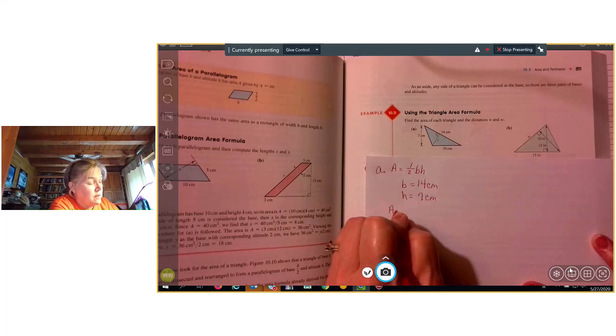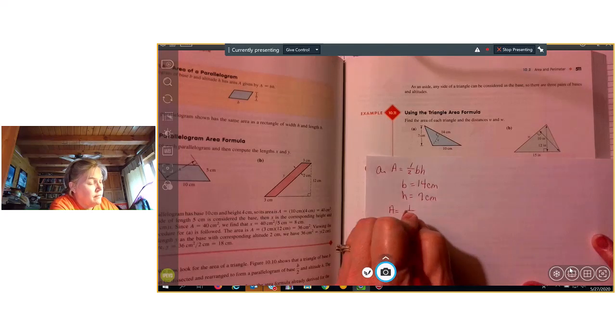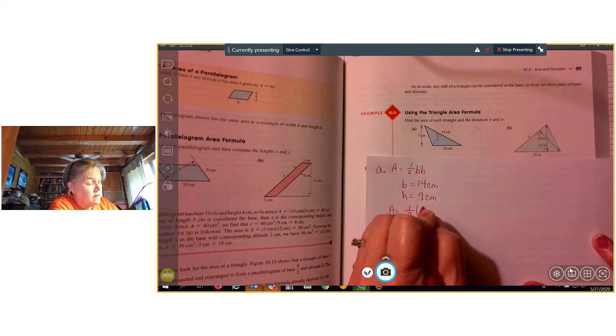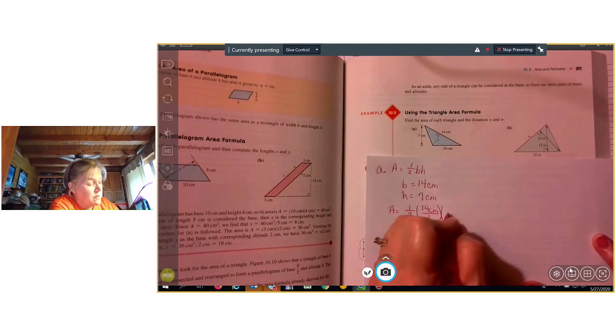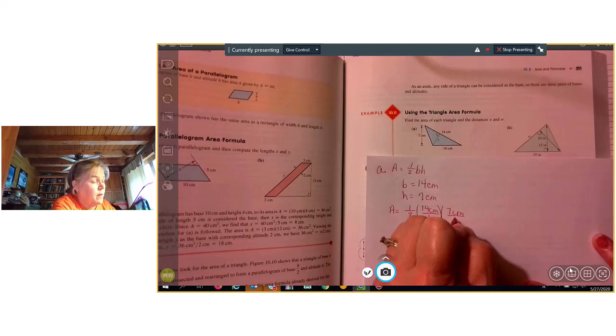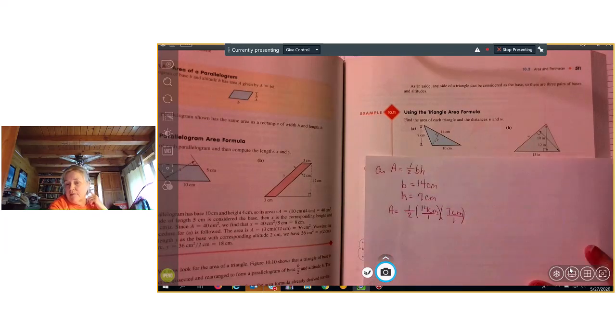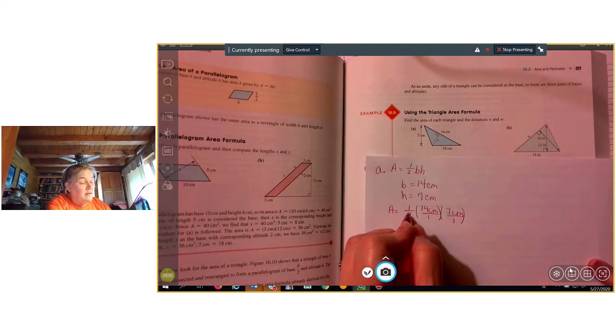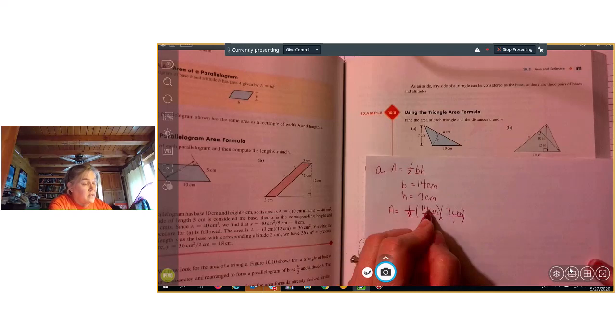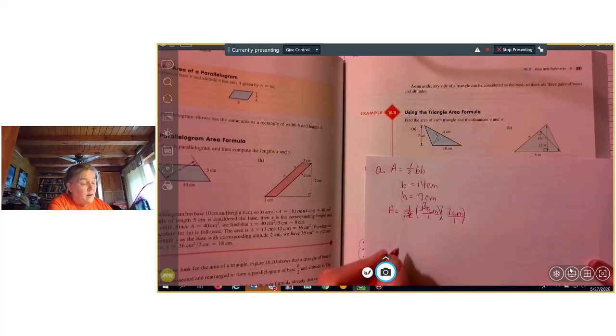So I know if I plug those into my formula, I've got 1/2 times 14 centimeters over 1 times 7 centimeters over 1. And remember, if I'm multiplying by fractions, I always like to have everything in a fraction format. So I can easily say 2 goes into 14 7 times, 2 goes into 2 1 time. So now I have 7 times 7, which is 49, centimeters times centimeters, which is centimeters squared.